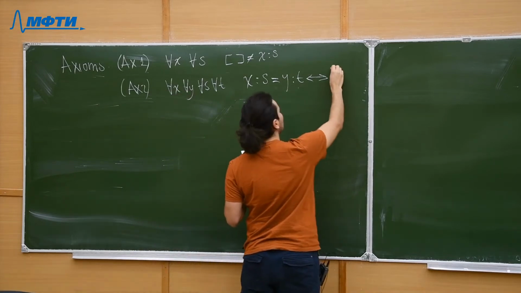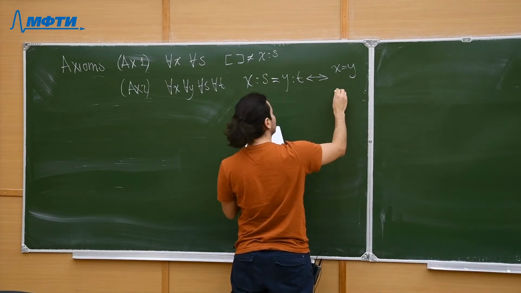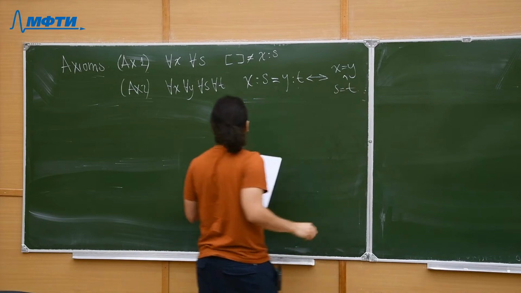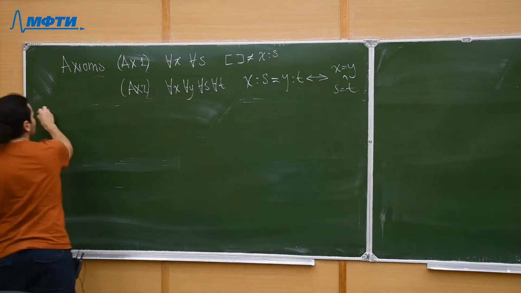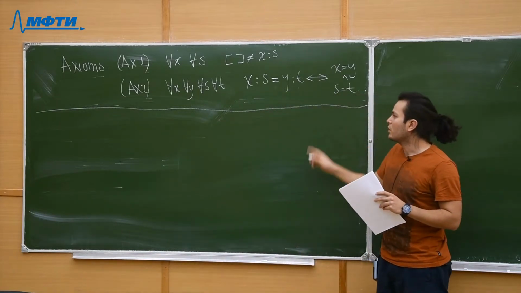So, if and only if X is equal to Y and S is equal to T. These are the two basic axioms we need for strings.